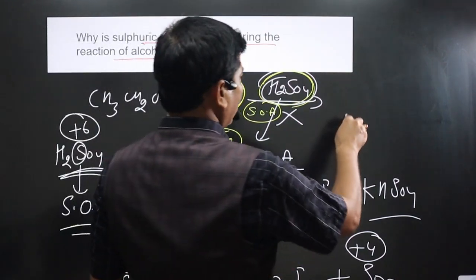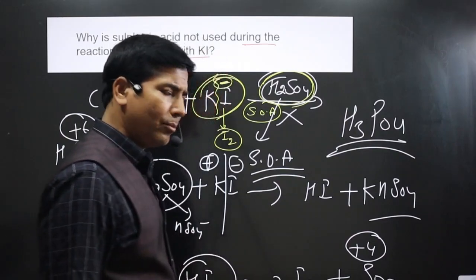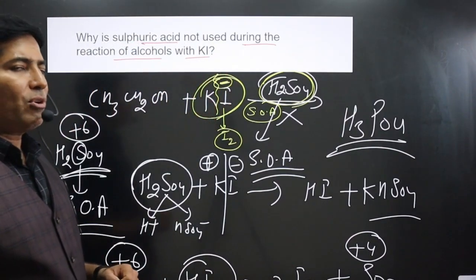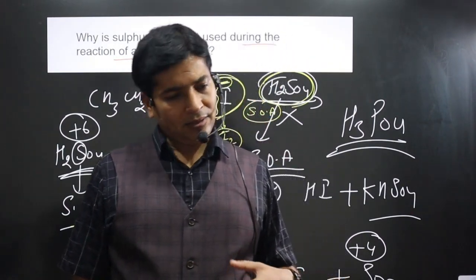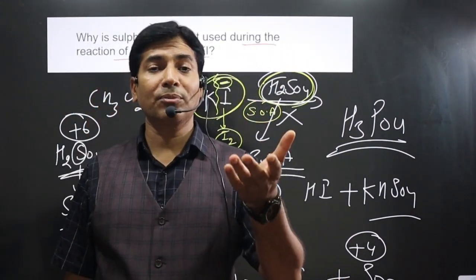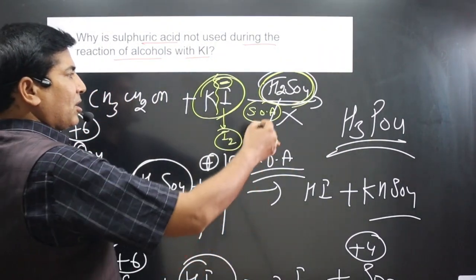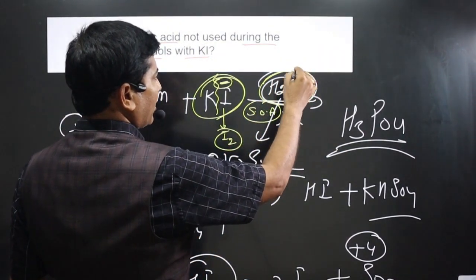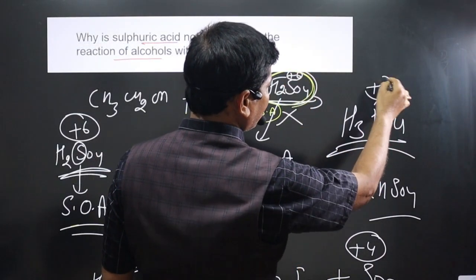such as H3PO4, a mild oxidizing agent. And we have learned, as the oxidation number of the central element increases, its oxidizing power also increases. In the case of sulfur, it is present in plus 6 oxidation number. In H3PO4, phosphorus is present in plus 5 oxidation number.